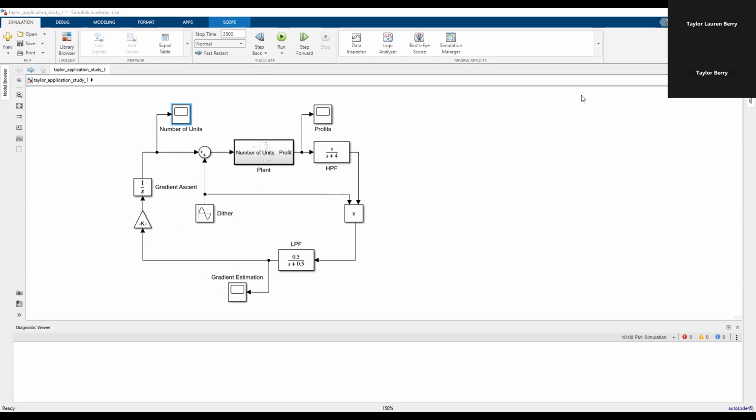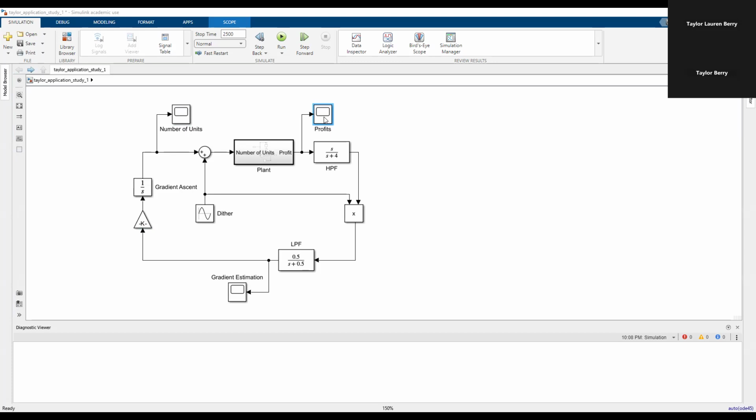So yeah, coming back to this, this is our number of units graph. As we can see, it looks a little scary here, but it forms a really nice curve that starts to plateau around 1600, a little bit above that, but really close to 1600. And then for our profits graph, we have it going up over 5 times 10 to the 6.